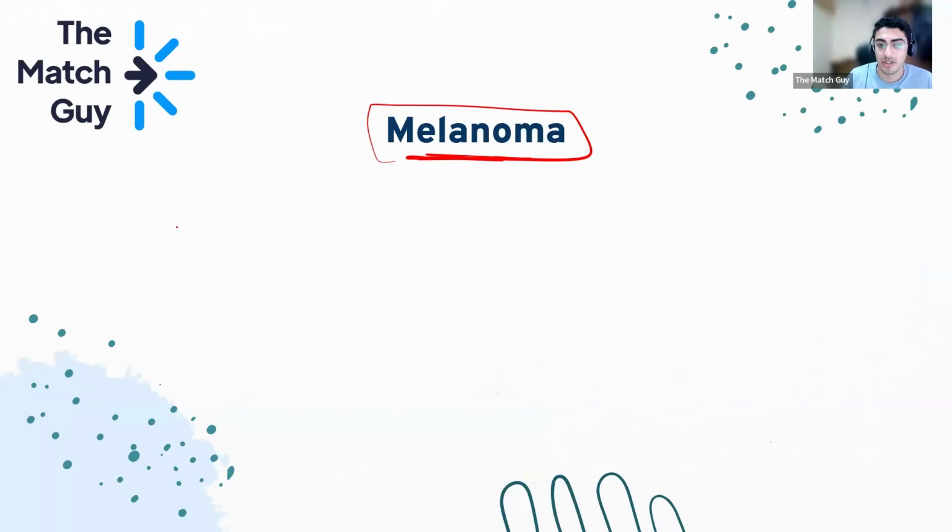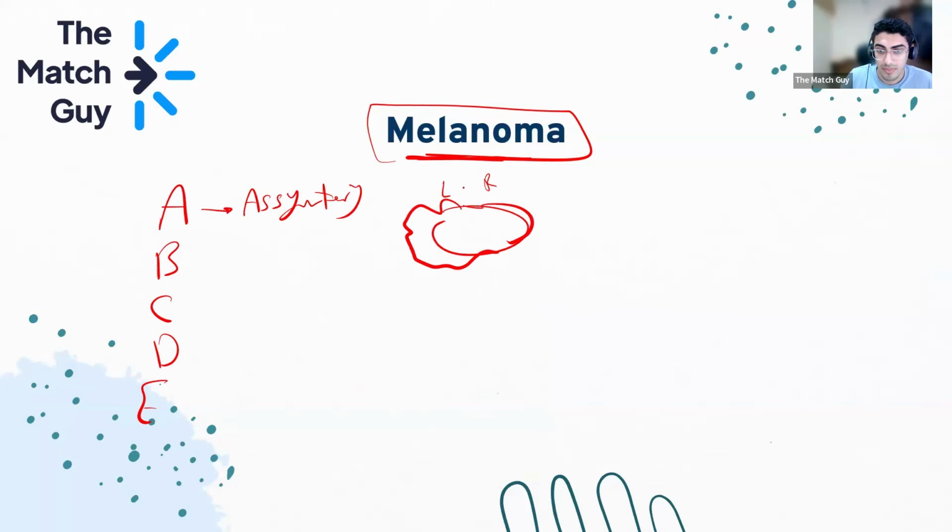So how would he describe the melanoma in the question? He will describe it as A, B, C, D, E. A is for asymmetry, meaning the right side of the melanoma won't look like the left side. B is for irregular borders.